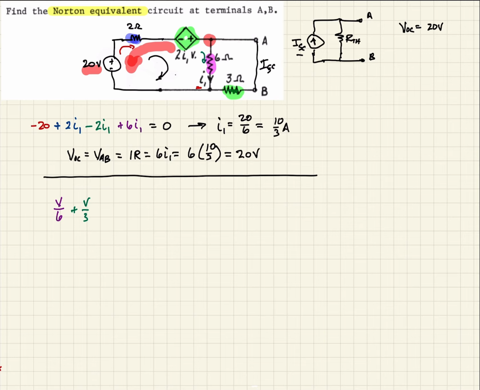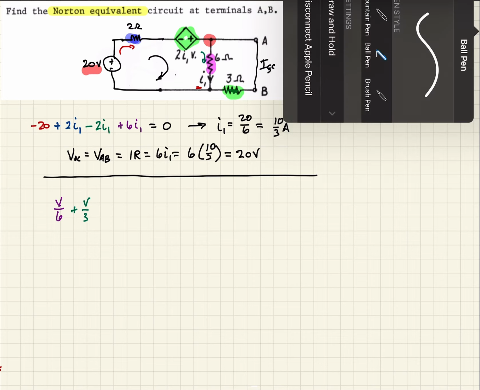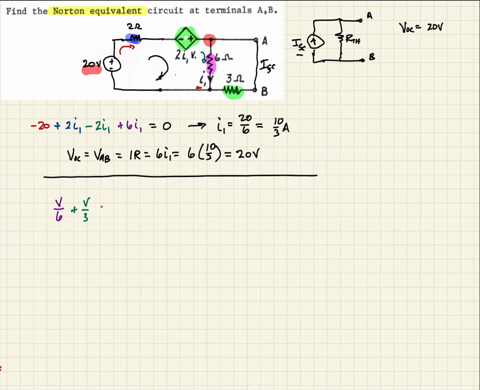And so when we do that, we'll do this in red, it's going to be plus V minus 2 I1, so that's that voltage source, minus 20, that's our independent voltage source, over the 2 ohms. And so again, that should all equal 0. And we also keep in mind that I1 is equal to V over 6.